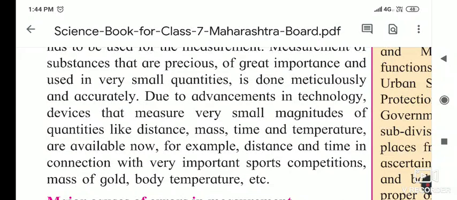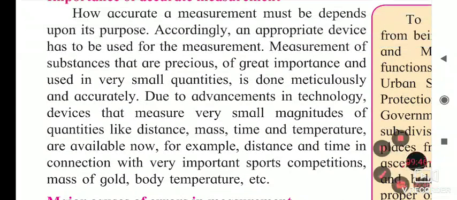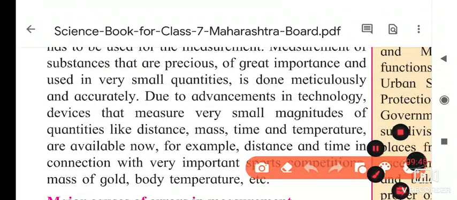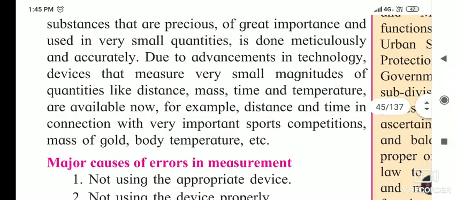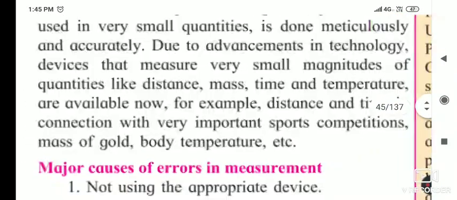Due to advancement in technology, devices that measure very small magnitudes of quantities like distance, mass, time and temperature are available now. For example, distance and time in connection with very important sports competitions.